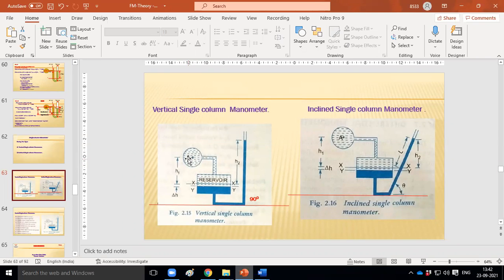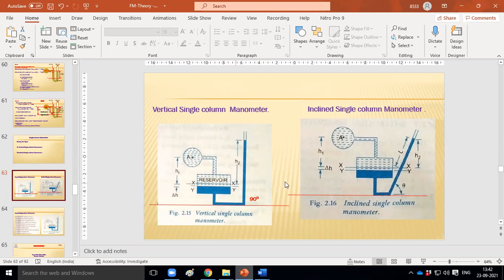We consider the left side figure, and initially we consider there is no pressure in the pipeline. In that case, is the height of the mercury on the left side and right side the same or different?